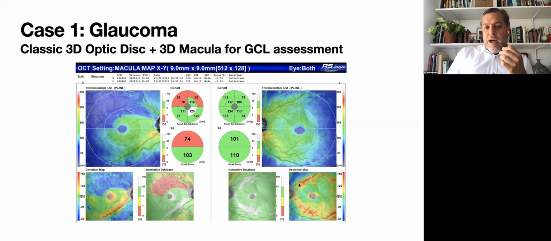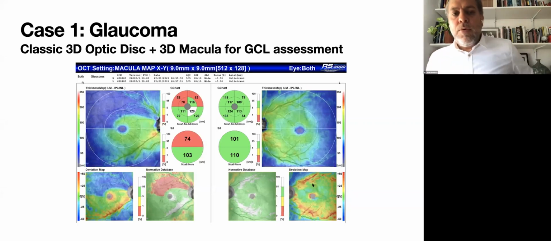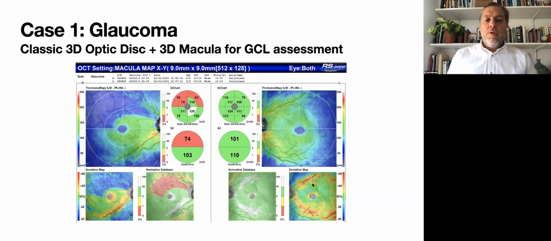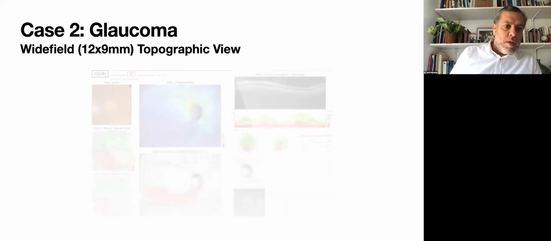You will see a thickening with the blood vessels. This is the RNFL thickness, and in the macular region it seems there is not much going on. The issue is that we have to change between the one image of the optic disc and then the macula to have the whole information.